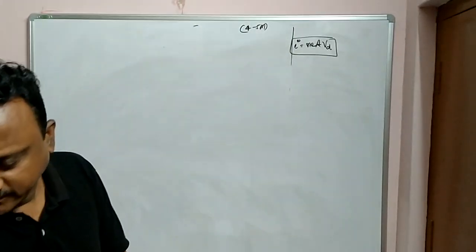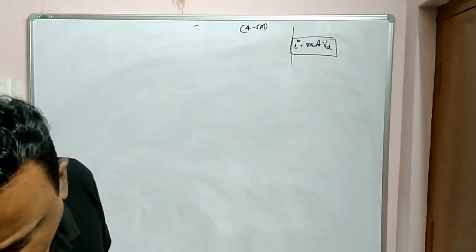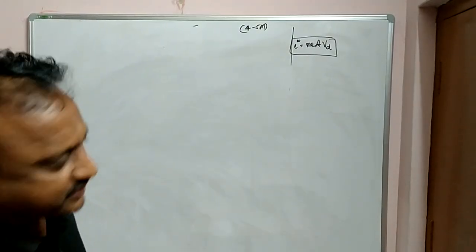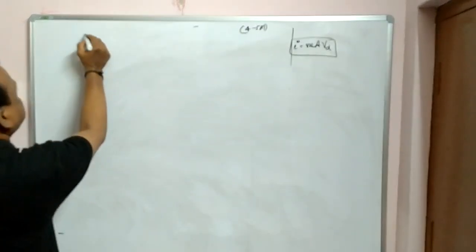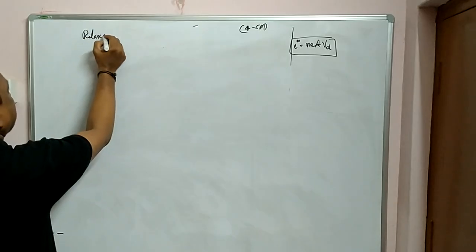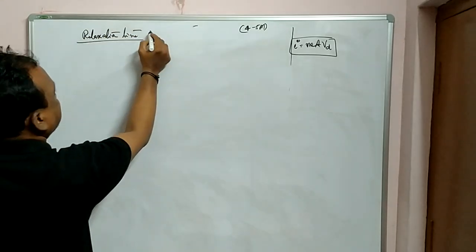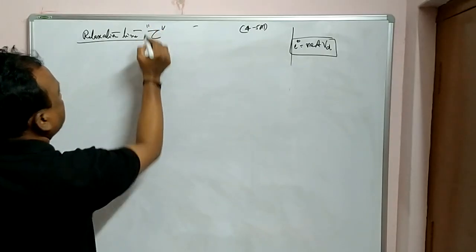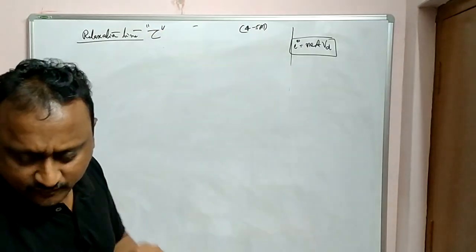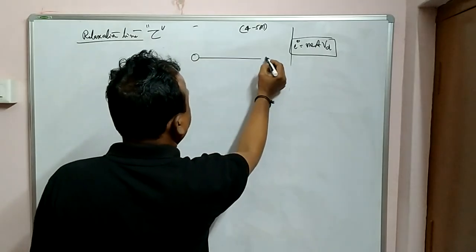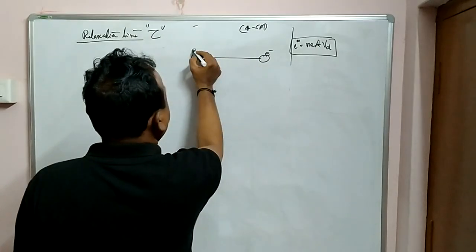Now we will explain what is relaxation time, another important one. Relaxation time is generally indicated with tau. In relaxation time, for example, the electron will be colliding.